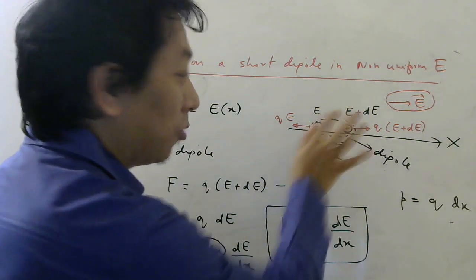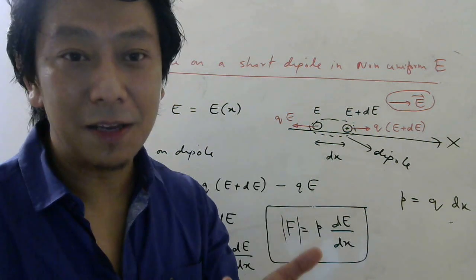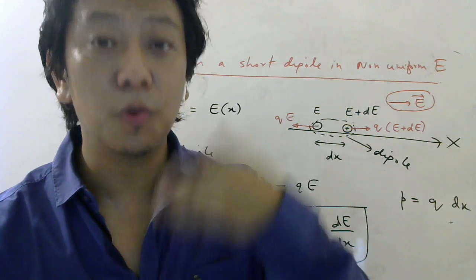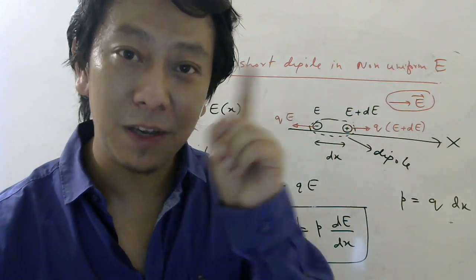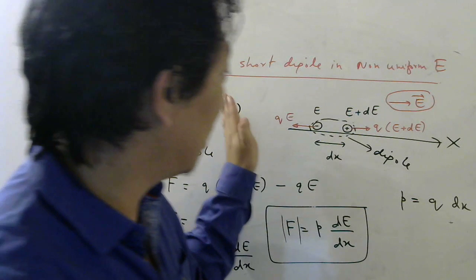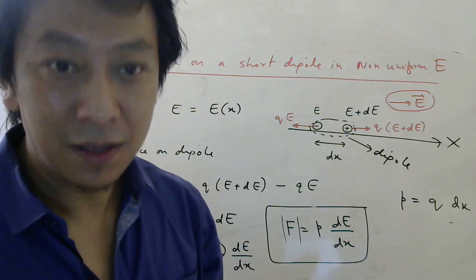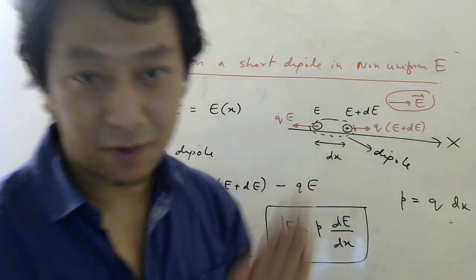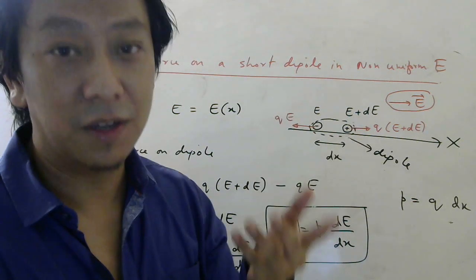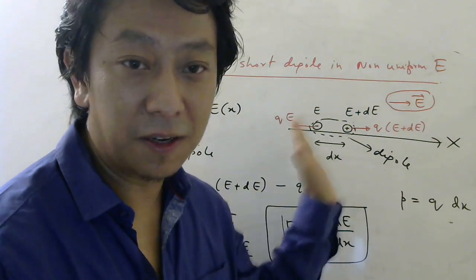So this part I hope all of you understood, right? So direction we can easily find. Just check which charge will feel more force, and that charge will feel more force which is in stronger electric field. So if electric field is increasing this way, then force on this charge will be more. That means net force will be this side.